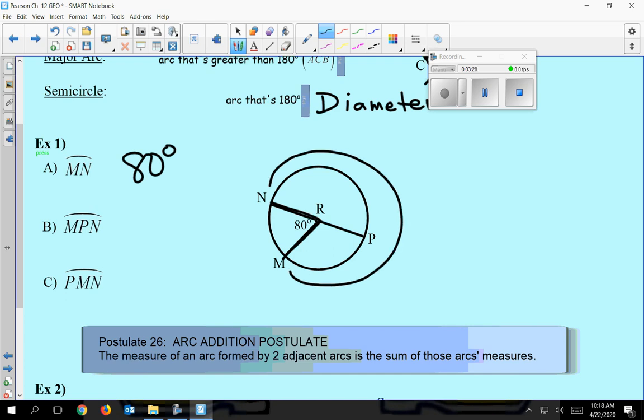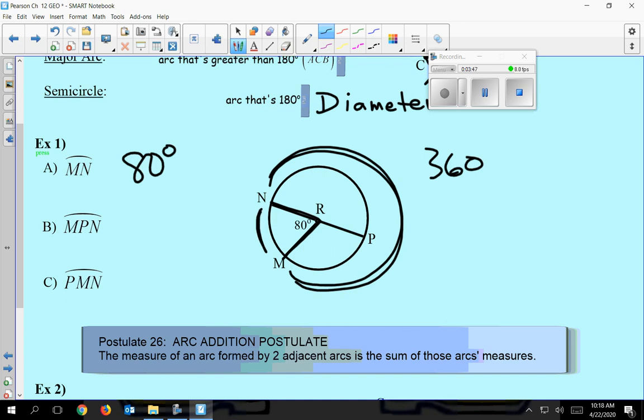MPN, okay, that's a major arc, so I know it's going to be bigger than 180. Because it's part of a circle, this MPN takes all the rest of the circle except for this little arc MN, which we already found.